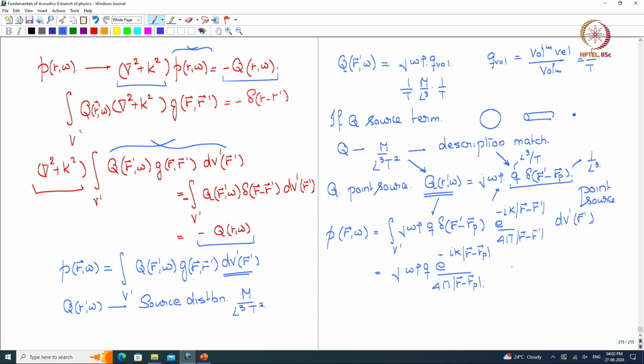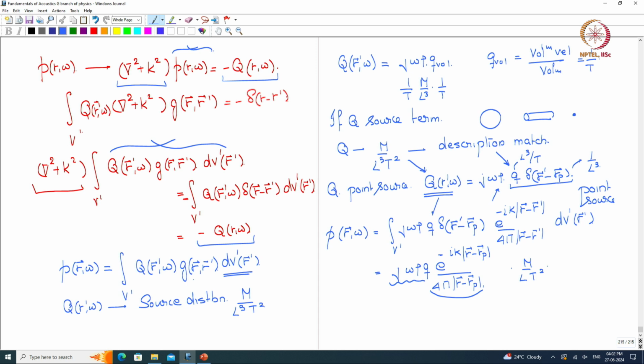And this has pressure units m over L t square. So you can also see how from a Green function you get to pressure: you need this in front. And q is simply the volume velocity I have said before.